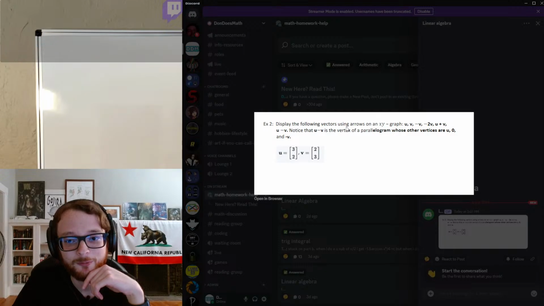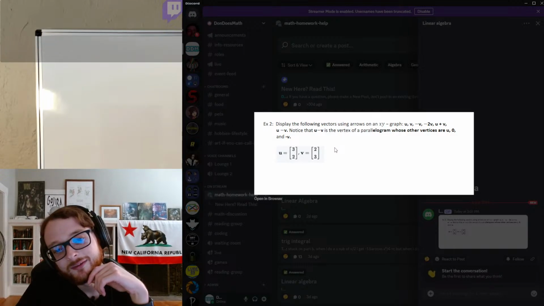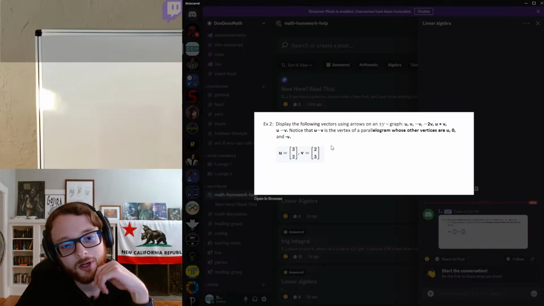Arrows on an XY graph. Oh. Interesting. So, is there a part of this that you don't get, Critical? Like a part in particular?